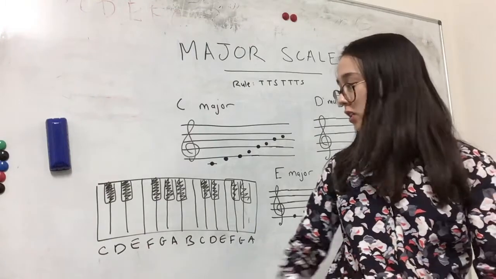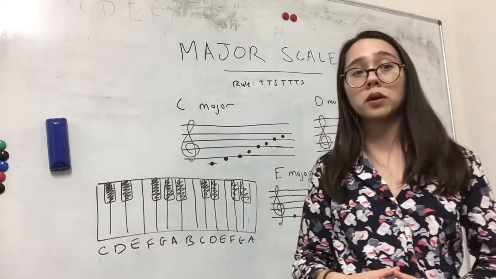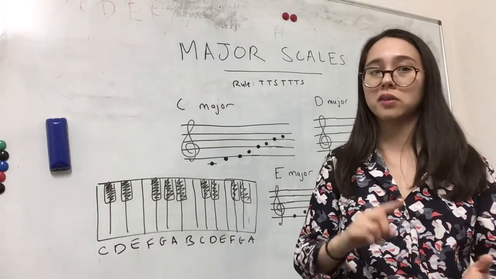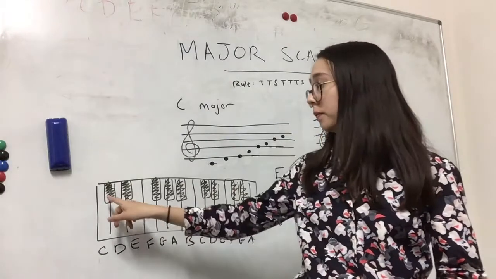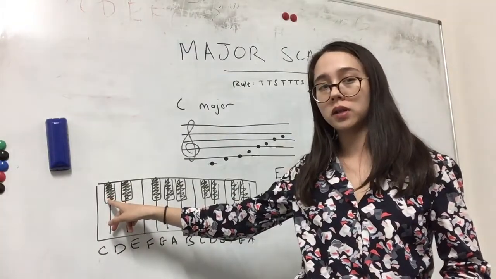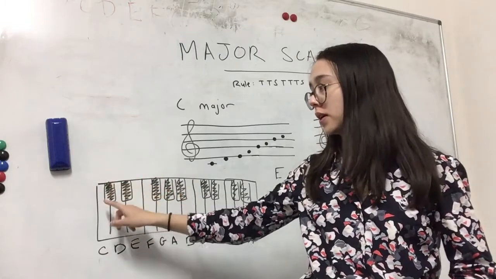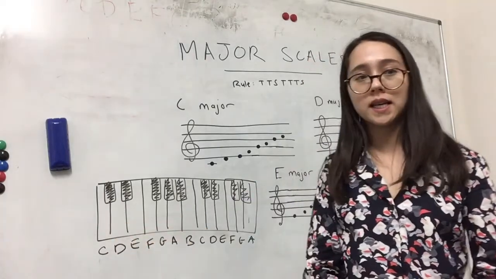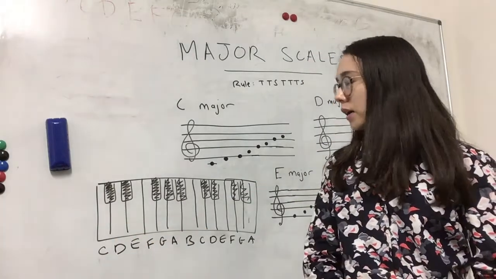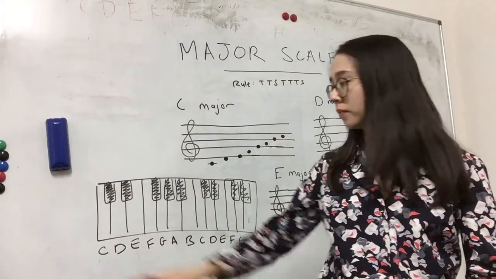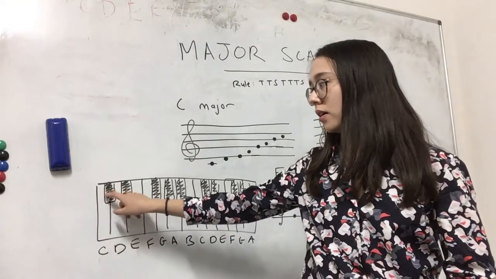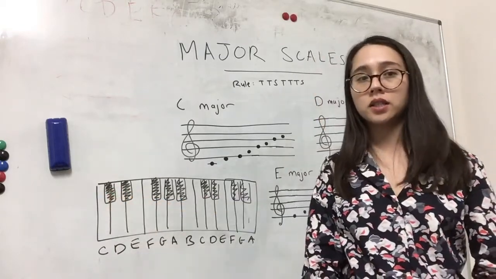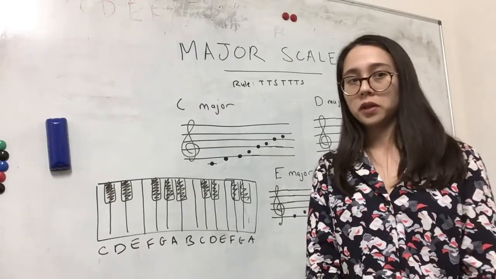Let's say, for example, I'm starting on C and I want to find the tone of C. I count up from C to the black note, that's one half note, then count up another half note to D. So there's a tone between C and D. If I wanted to find the semitone starting from C, I count up one half note, and it would be a semitone between C and C sharp or D flat, whatever you want to call it.